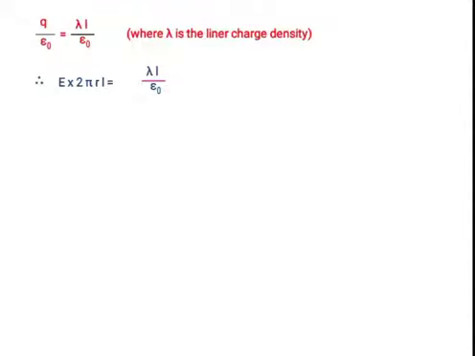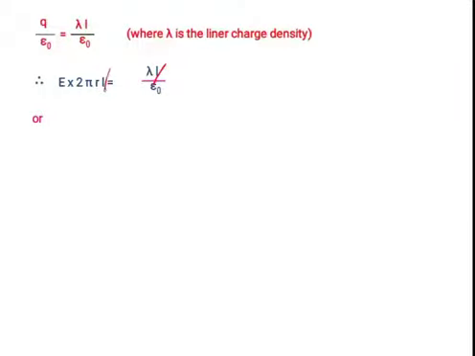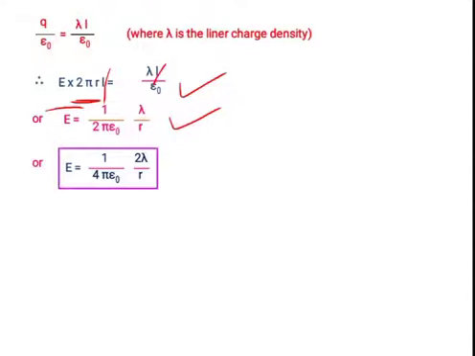Now which quantity gets cancelled here? This L and this L. Next, if you take this 2 pi R to the other side, E is equal to 1 divided by 2 pi epsilon naught times lambda divided by R. This is an expression. Or E is equal to 1 divided by 4 pi epsilon naught times 2 lambda divided by R. I divided and multiplied by 2 here.